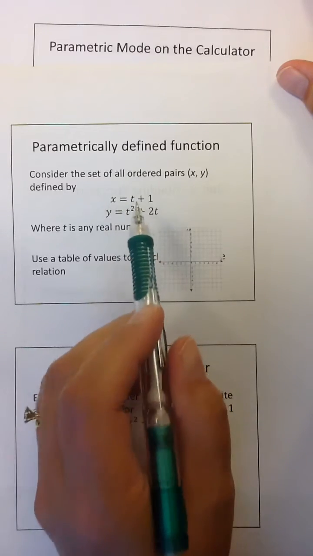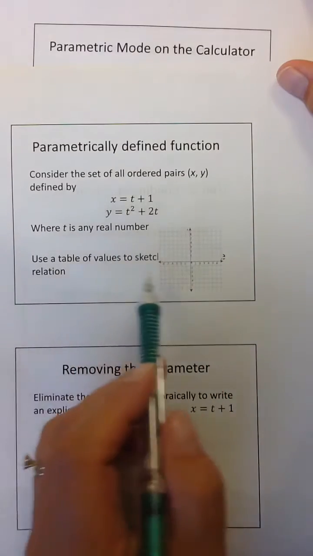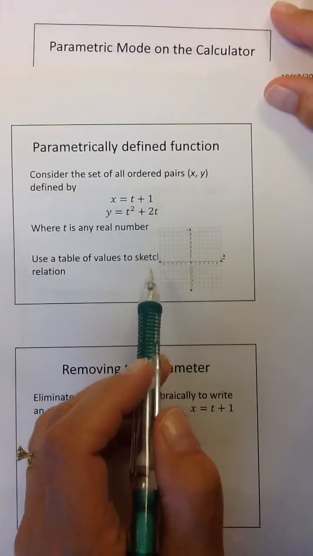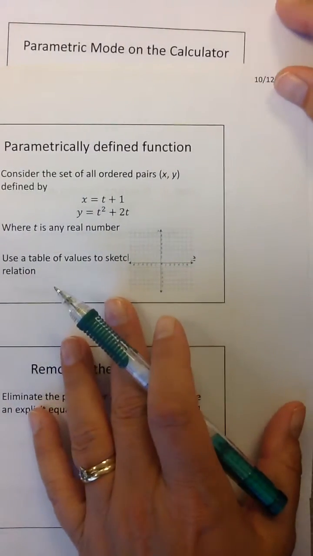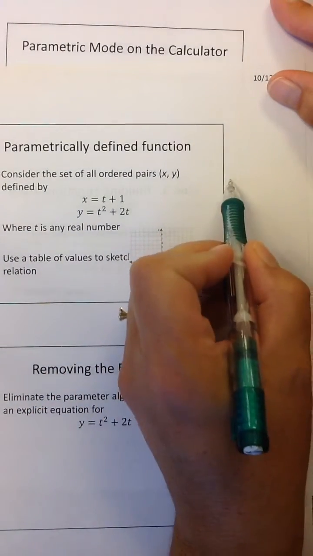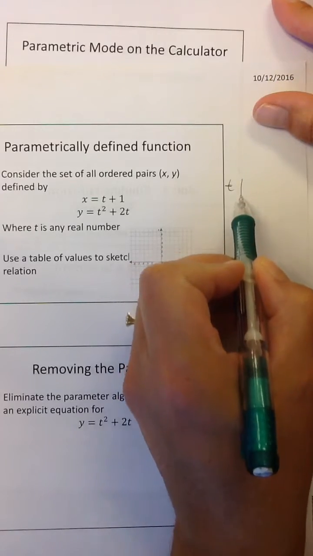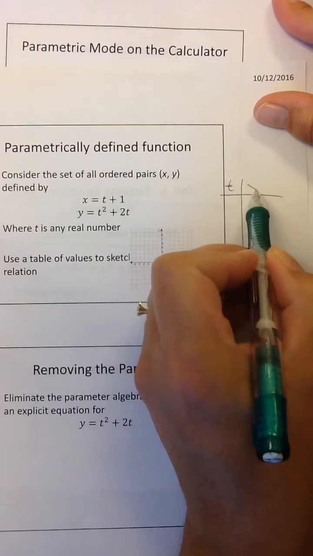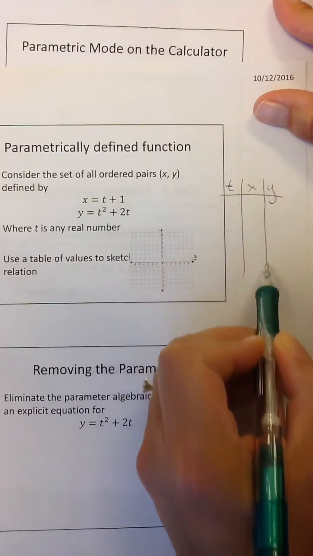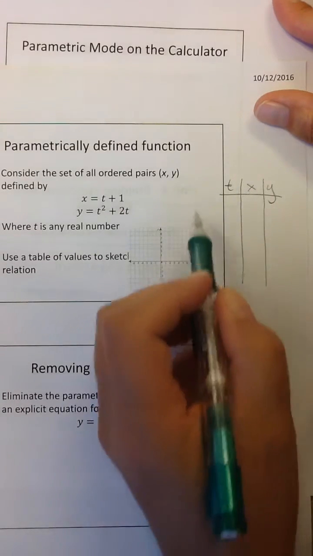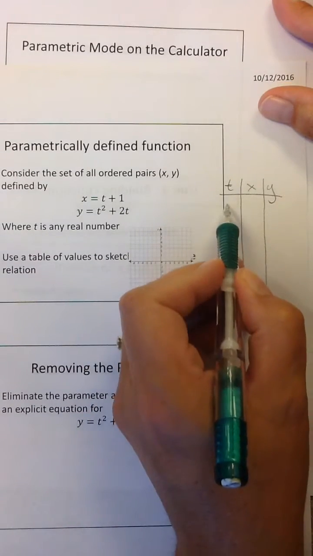So I want to make a graph of this parametric relationship. In order to do that, I need a table of values. So I need to make a table. So I'm just going to squeeze some stuff over here in the corner. Let's make a table with t's. And we're going to generate some x's and y's from those t's. Let's just pick some easy positive and negative numbers and maybe 0.